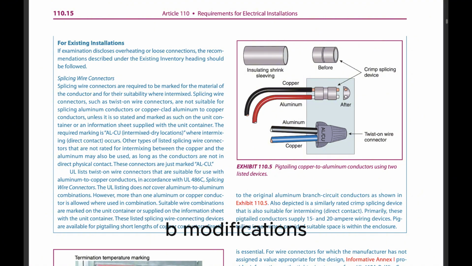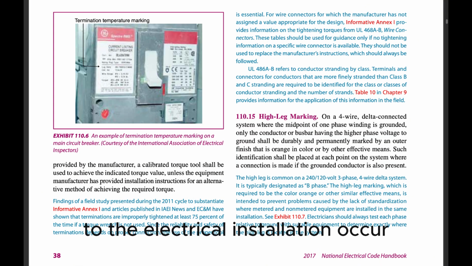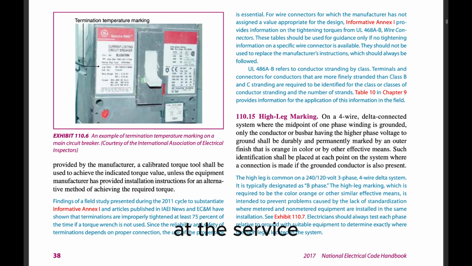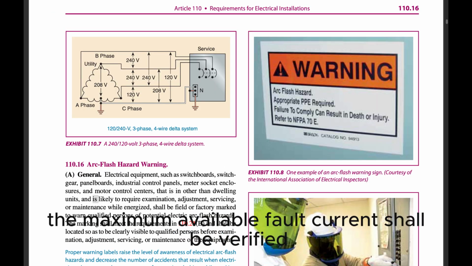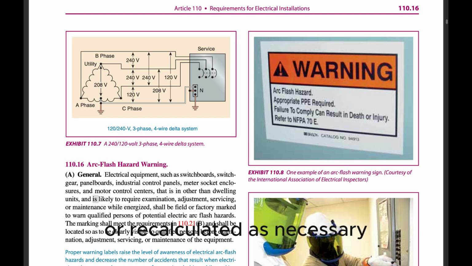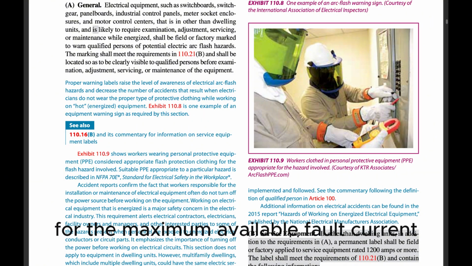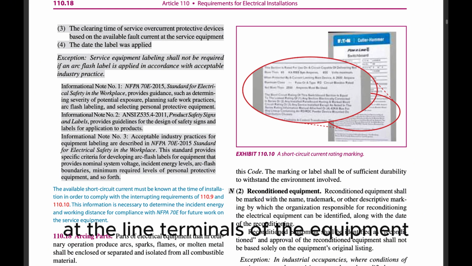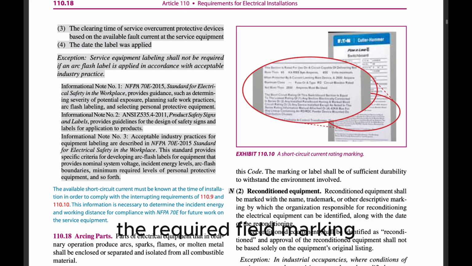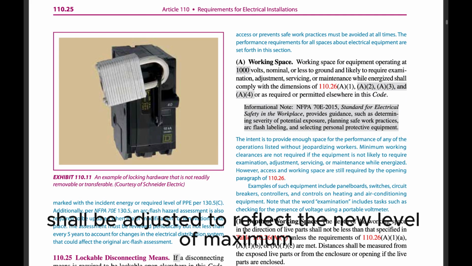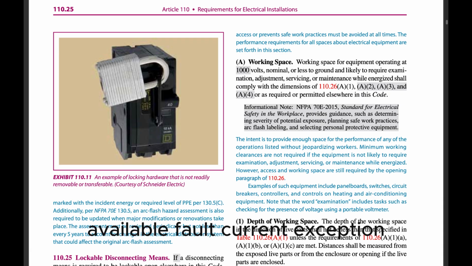B. Modifications. When modifications to the electrical installation occur that affect the maximum available fault current at the service, the maximum available fault current shall be verified or recalculated as necessary to ensure the service equipment ratings are sufficient for the maximum available fault current at the line terminals of the equipment. The required field marking(s) in 110.24(A) shall be adjusted to reflect the new level of maximum available fault current.